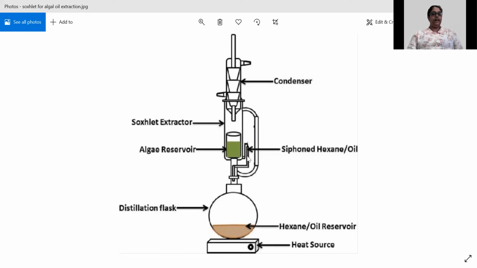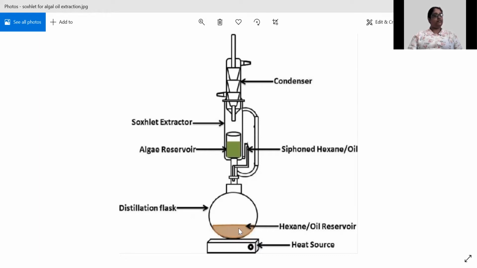Now there is a siphon over here. When the extraction reaches this height, which is the height till which you will be keeping your oil seed sample, suddenly the entire hexane, whatever has been collected so far up till slightly above our sample, will come down and get collected again in the reservoir.